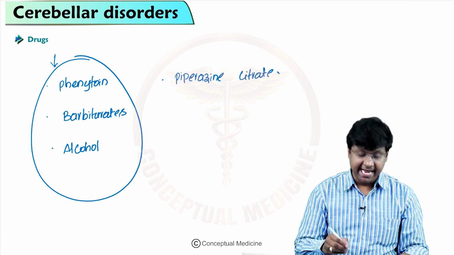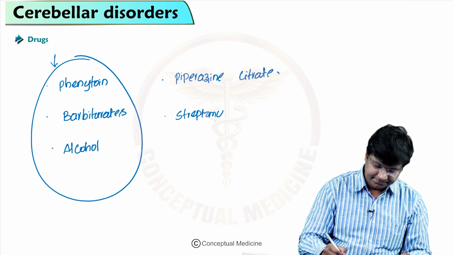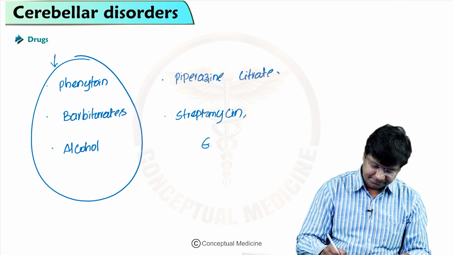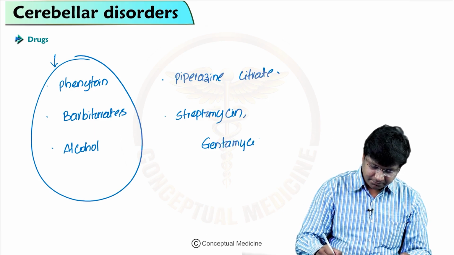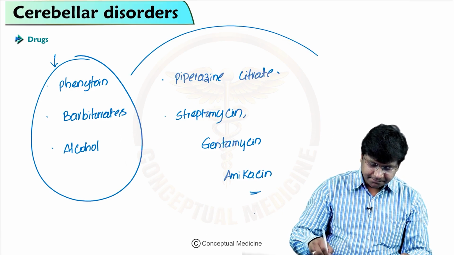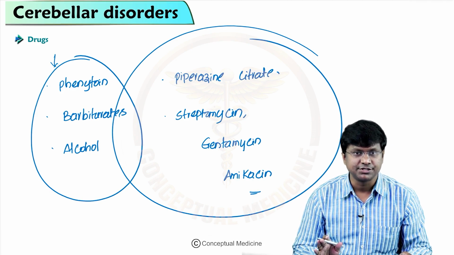next we have antibiotics, aminoglycosides, that includes streptomycin, then followed by gentamicin, and amikacin. Okay, so these are the drugs which will cause cerebellar disorders.